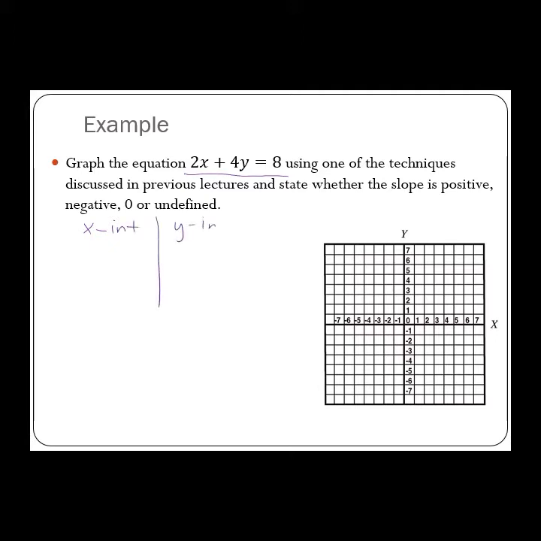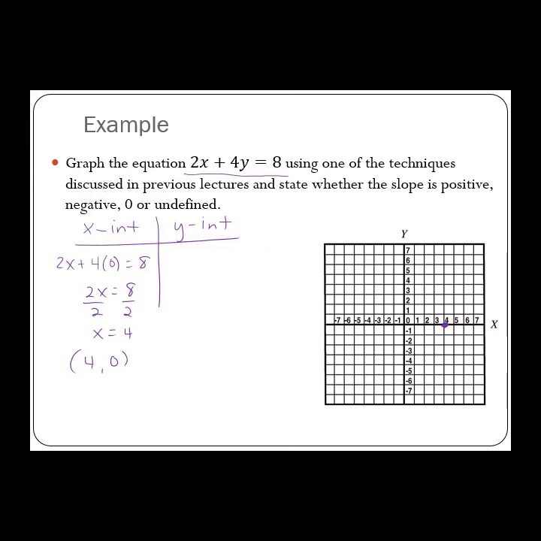And so my x-intercept: 2x plus 4 times 0 equals 8. 2x equals 8. x equals 4. So I'm going to write that as (4, 0), and I'm going to put that dot right there.